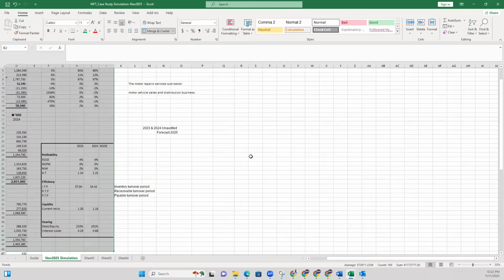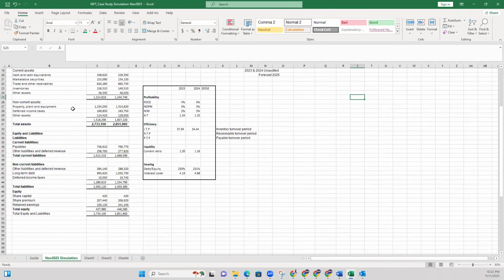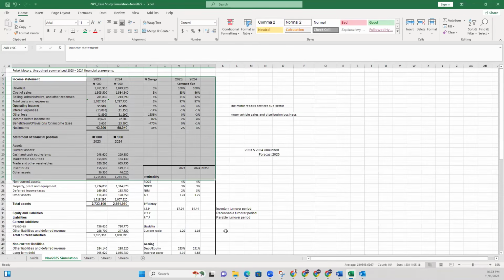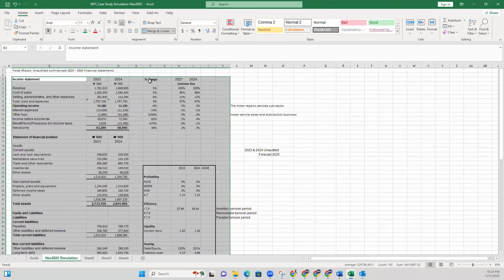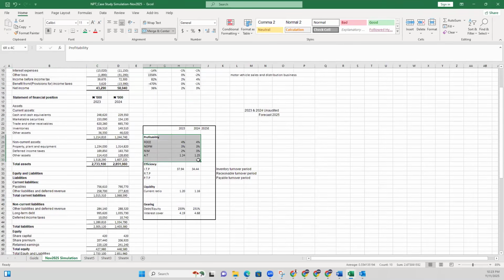And then the first part, which we spoke about earlier, is that I think we've already analyzed most of the ratios, but you can recompute and also analyze the ratios under four categories: trend and common size, profitability, efficiency, liquidity, and gearing.